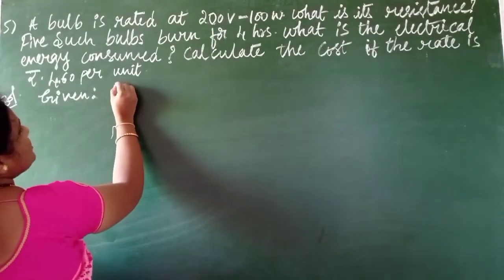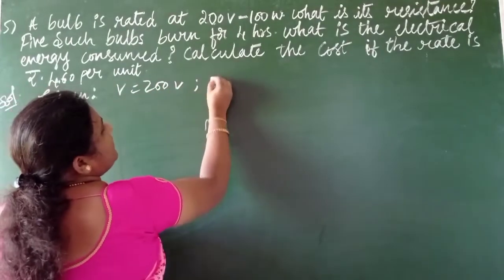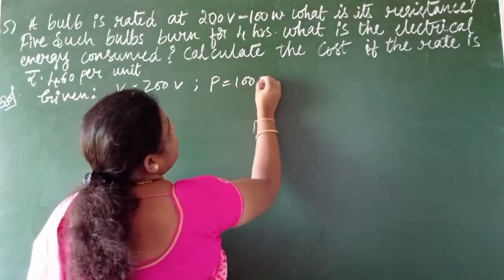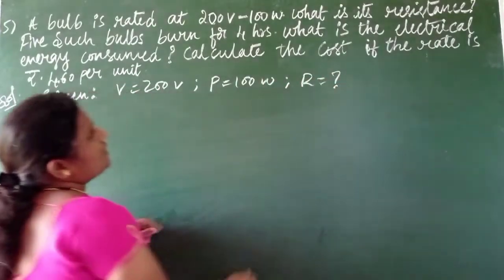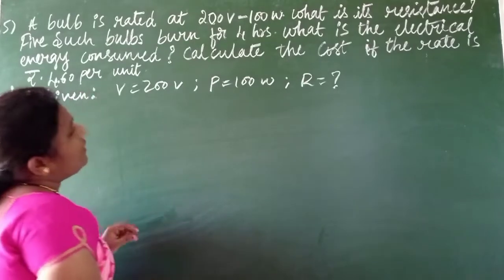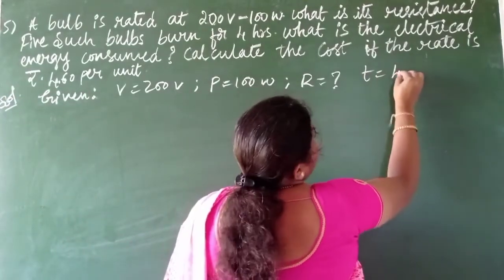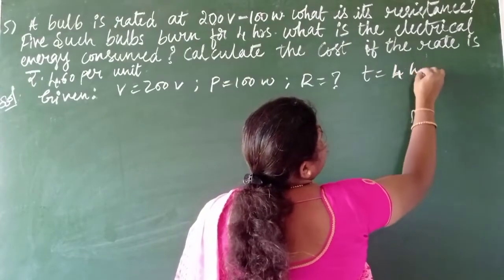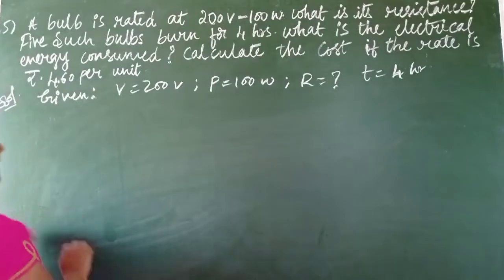Given is V equals 200 volts, P equals 100 watts, R equals how much, and T is 4 hours. This is for one bulb, isn't it, children?